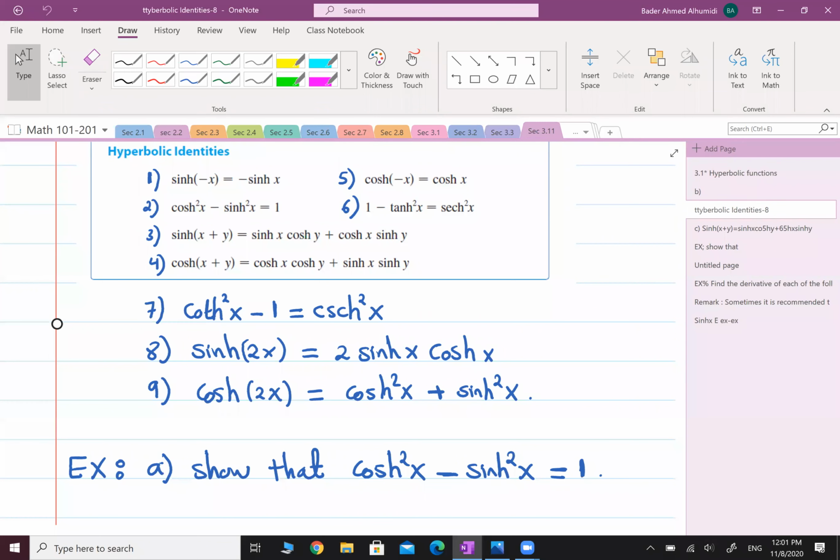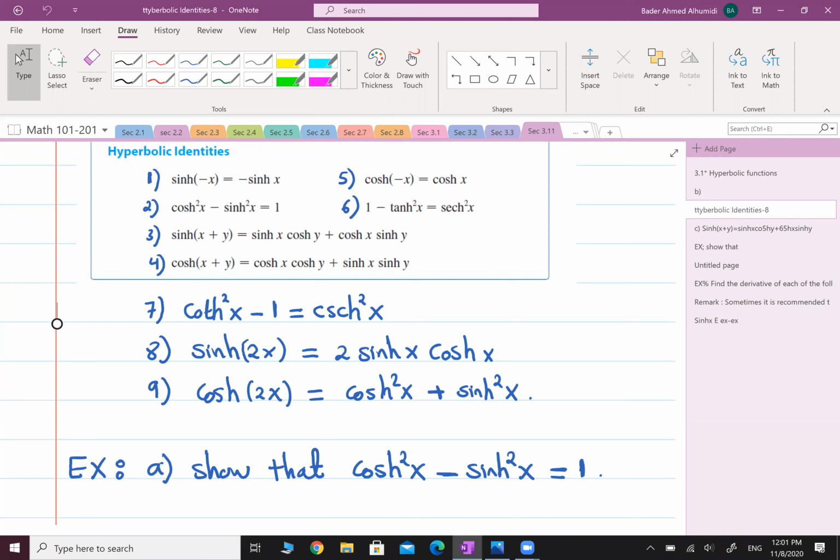The hyperbolic cosine is an even function. These two identities agree with trigonometry, where sine is odd and cosine is even, so they have similar properties to the trigonometric functions.